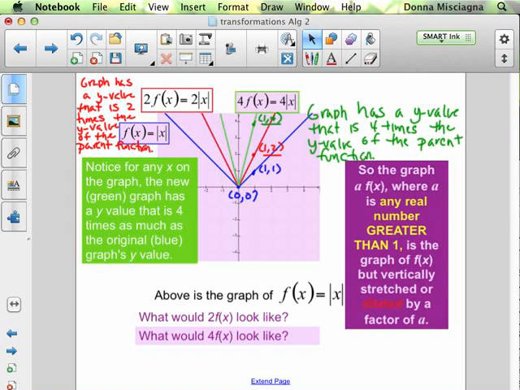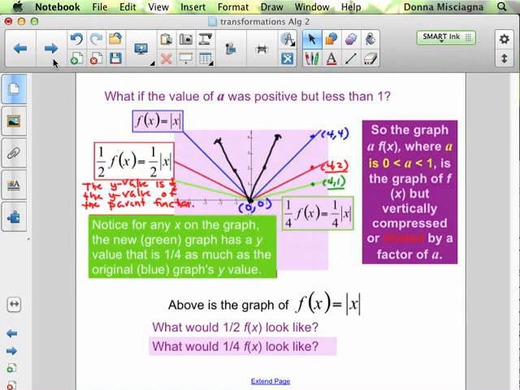So the graph of a f of x, where a is any real number greater than 1, is the graph of f of x, but vertically stretched or dilated by a factor of a. So if the coefficient is 2, it's going to be twice as much. Coefficient is 4, it's 4 times as much. Coefficient is 3, the y values are 3 times as much.